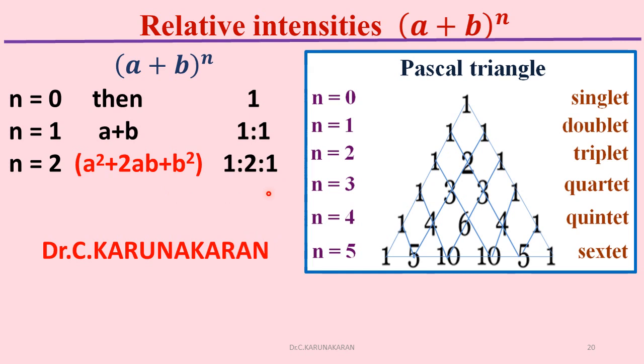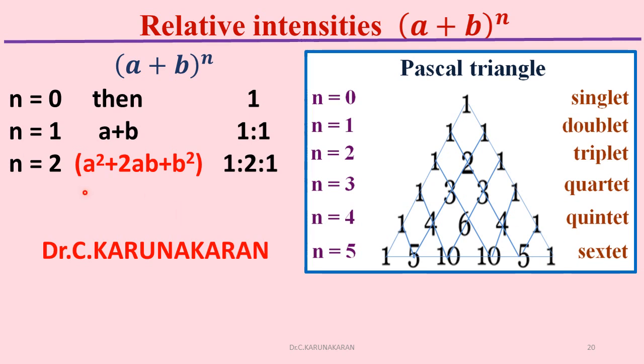Therefore, 1 is to 3 is to 3 is to 1. For n equal to 3, a quartet multiplet peak is obtained. For n equal to 4, quintet, and n equal to 5, n plus 1, therefore 6 lines or 6 peaks are obtained, a sextet.